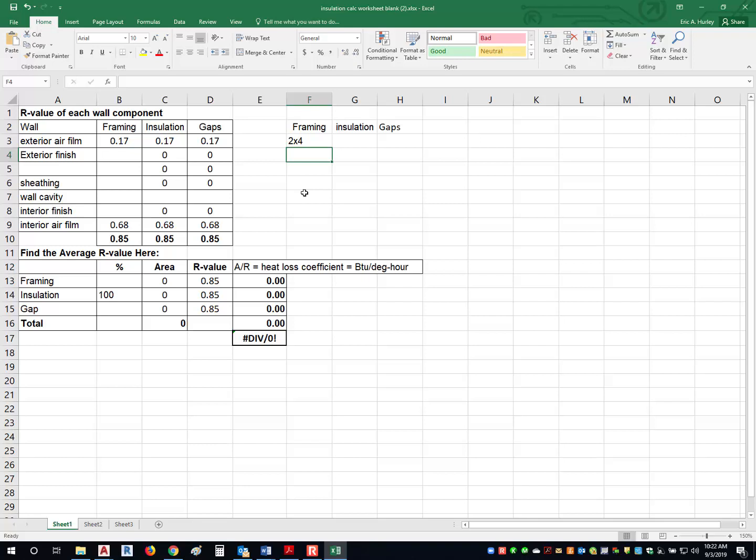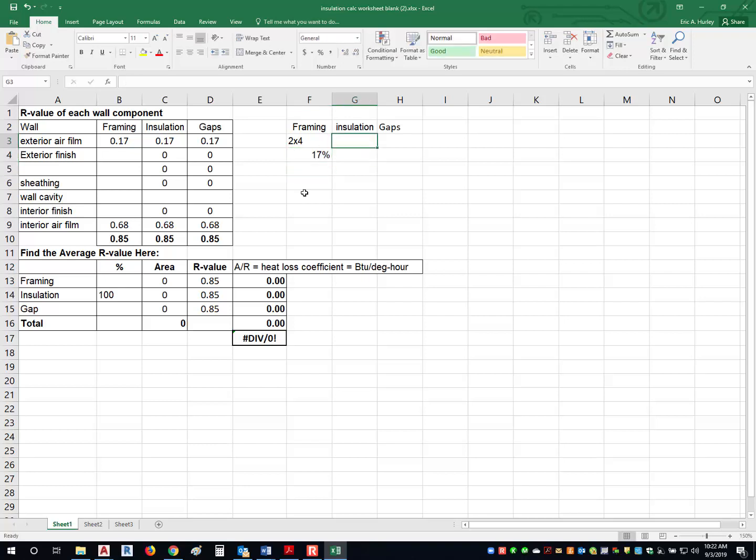The percentage in framing is going to be based on if it's 16 inches on center or 24 inches on center, or if they framed the heck out of everything and added a whole bunch of extra gang studs, or if we were using advanced framing, which means that we're going to reduce the amount of framing so that we can get more insulation. So in this case here, I'm going to use 17%. We'll put in 17% framing.